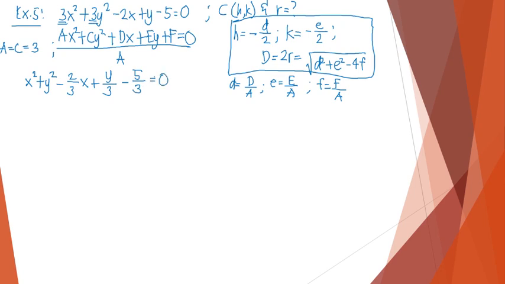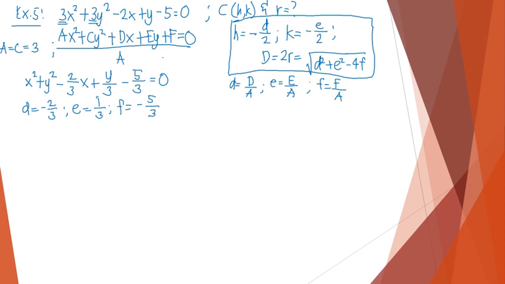That will be the reduced general equation for the circle. So our d now is negative 2/3, our e is 1/3, and our f is negative 5 over 3.